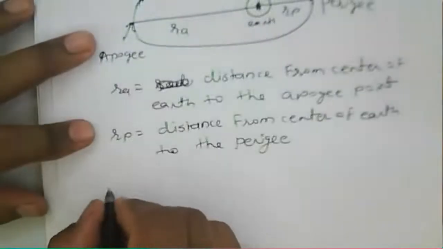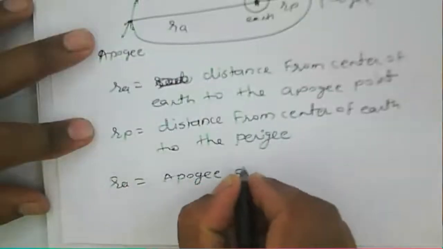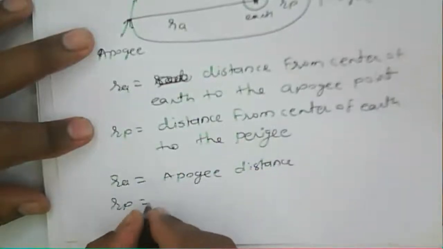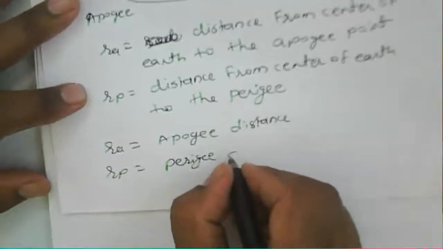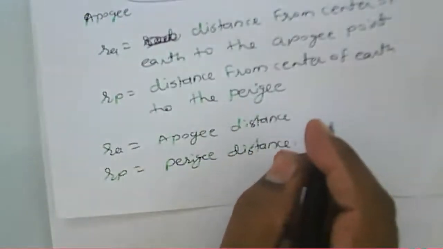In another way, some people say that RA is an apogee distance, RP is a perigee distance. It's just a distance.